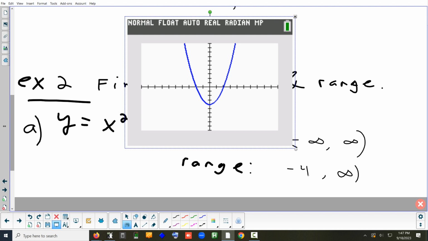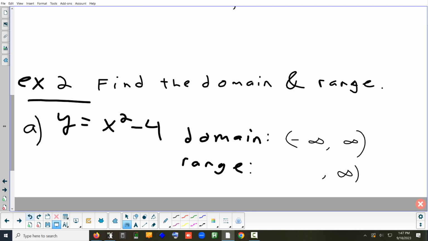And does it look like we actually reach negative 4 on the graph? Yeah. So if you plug in 0 for x, 0 squared is 0, and 0 minus 4 gives you a y value of negative 4. So the smallest value you ever hit is negative 4, and you plug in the number 0 to get that.